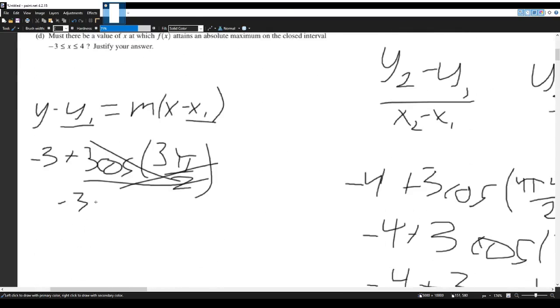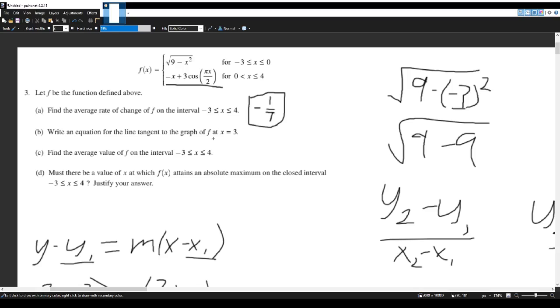We already know x1, so then we have to find the derivative. x equals 3 is going to be in this part right here, so we find the derivative of that part: -1 plus 3 pi over 2 times negative sine of pi x over 2.